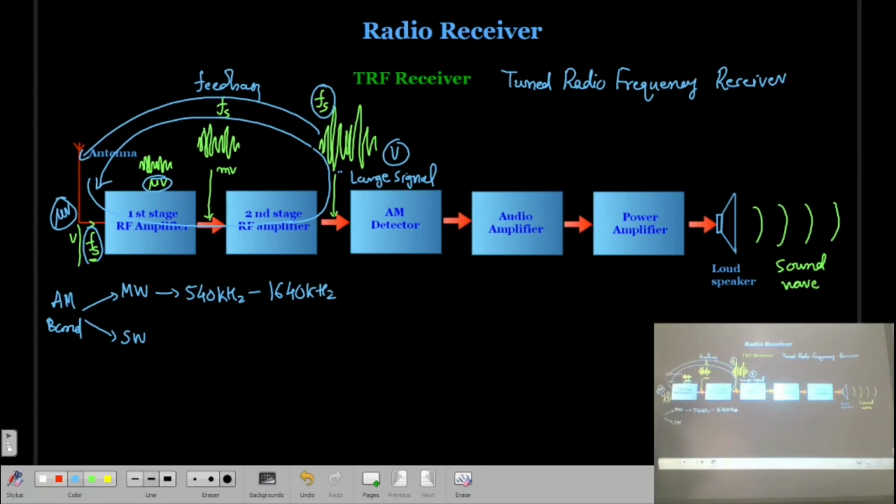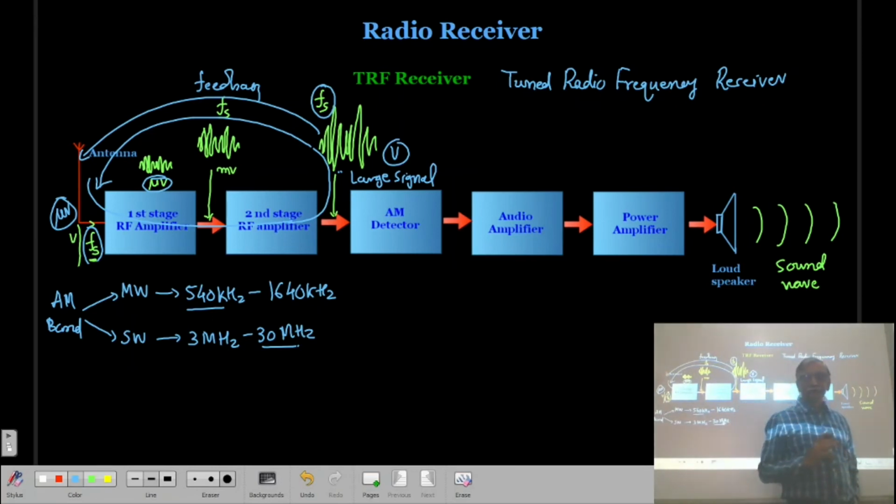This is a receiving radio frequency. And on the short wave band, it is given 3 megahertz to 30 megahertz. So, the AM receiver will receive the radio frequency from 540 kilohertz to a maximum of 30 megahertz.